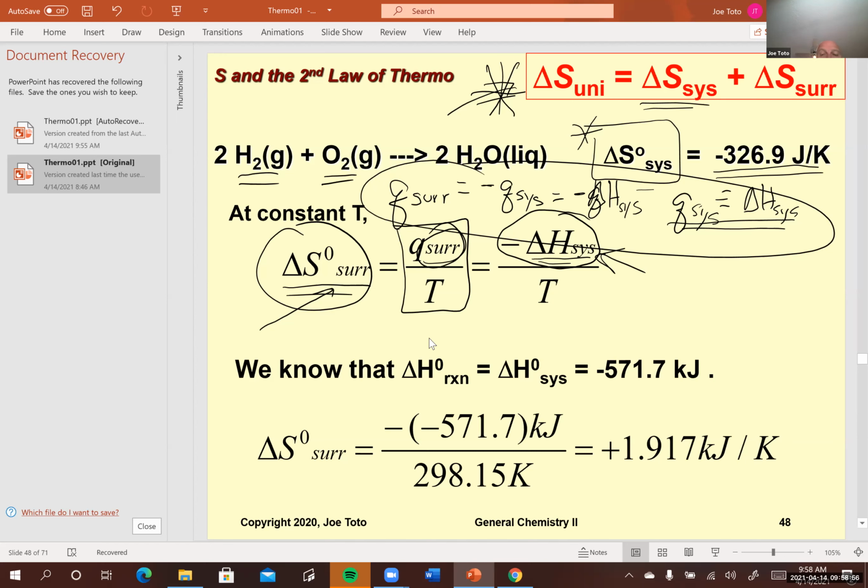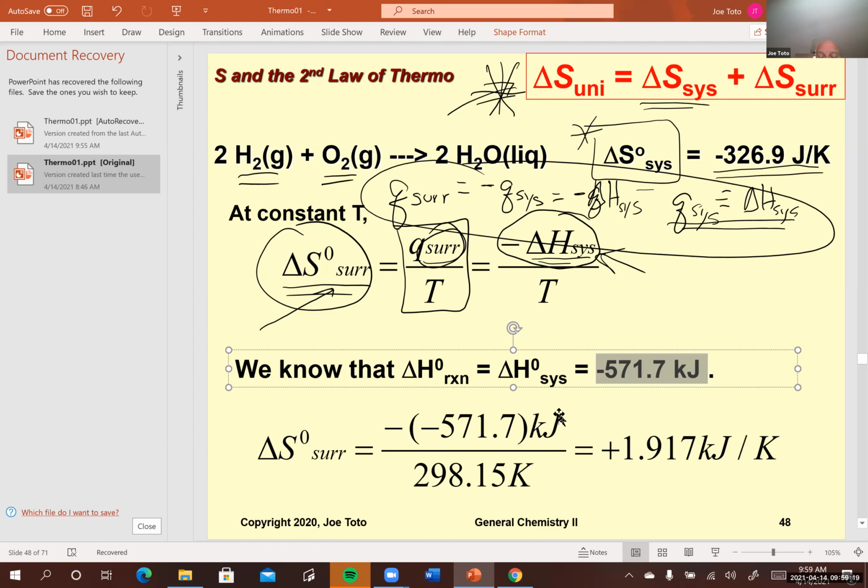But then we went on and we calculated what the delta S of the surroundings would be because of the heat that's given off in this exothermic reaction. And we see that the delta S of the surroundings increases because of that exothermicity.